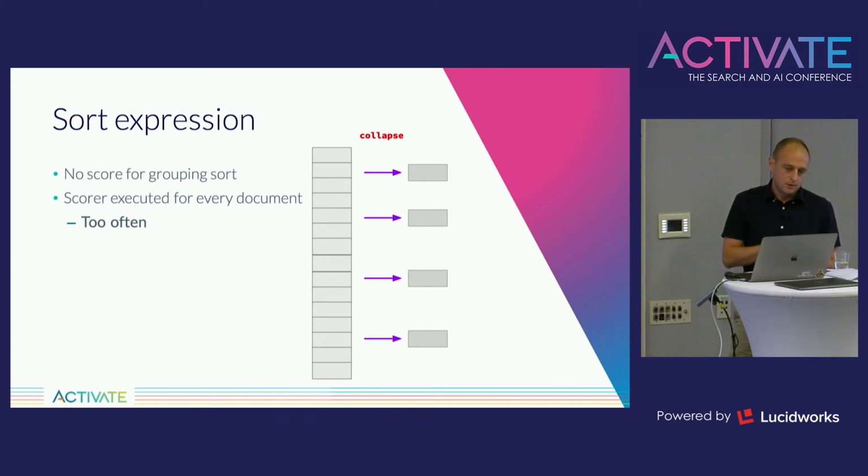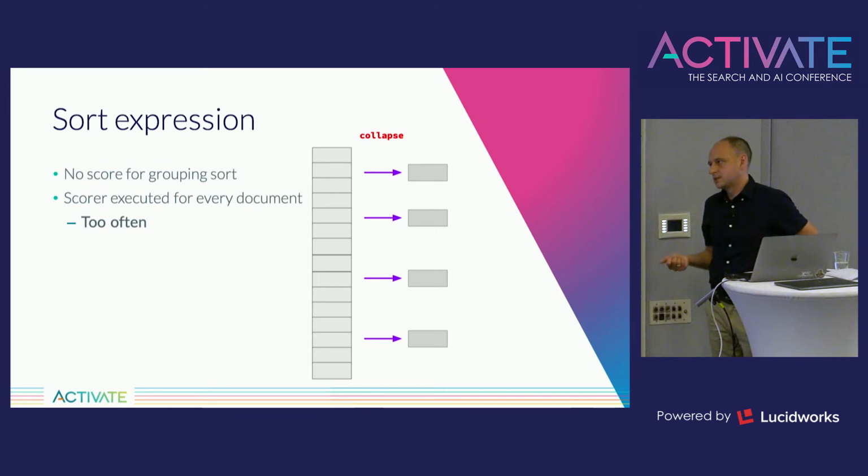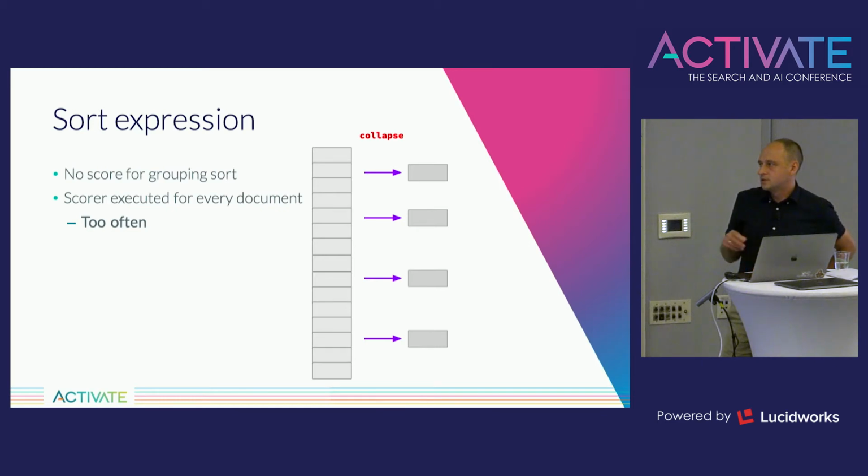I have found that in our case, the first sort expression that selects the best offer for a product does not use the score, whereas the second one uses it, and the collapsing query parser given by Solr executed a scorer for every document that was sent to our filter, and not only for the ones that are effectively collected.